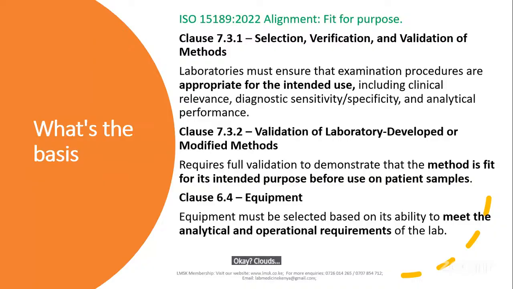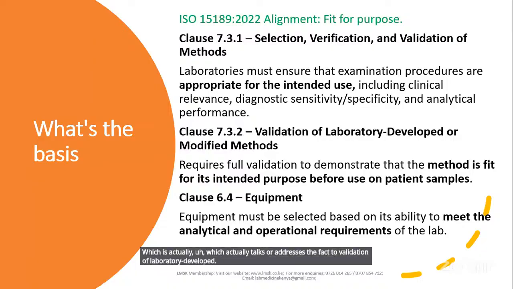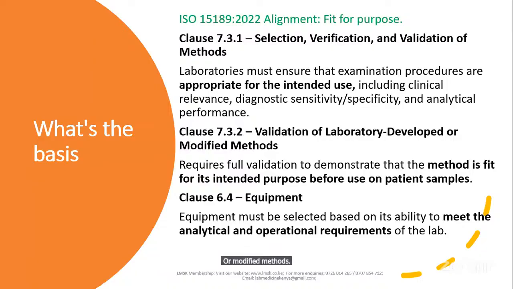Clause 7.3.2, which addresses validation of laboratory developed or modified methods, requires full validation to demonstrate that the methods are actually fit for their intended purpose before use on patients.